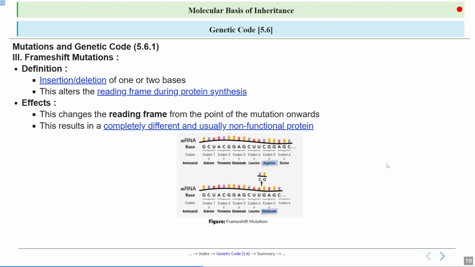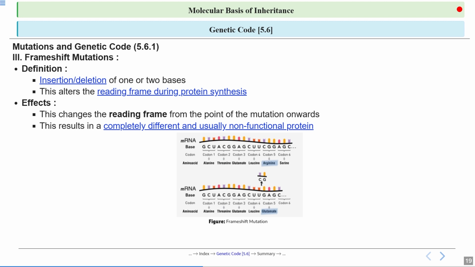So in this slide, we have studied point mutation, where just a single base pair is substituted. But when we talk about frame shift mutation, there will be insertion or deletion of one or two bases.